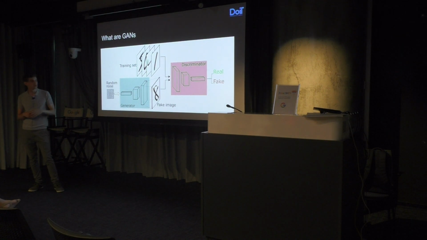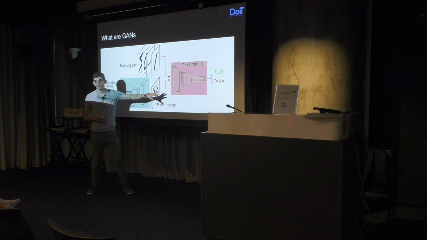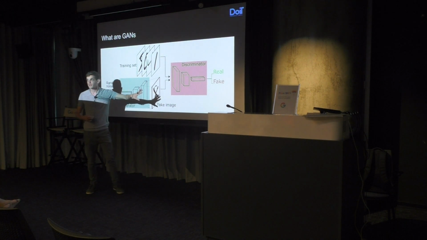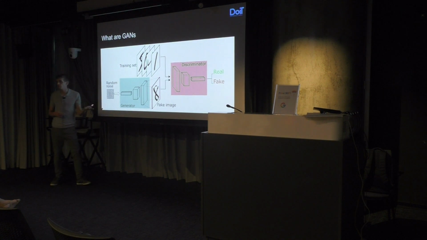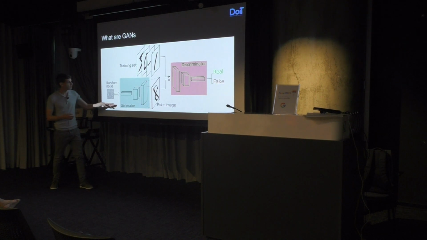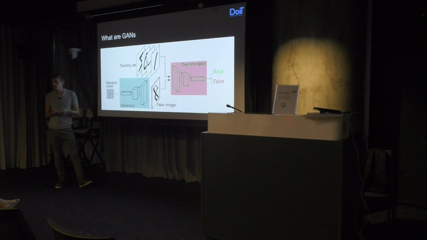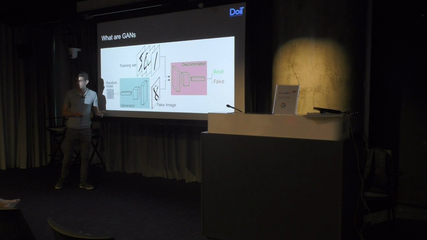Yeah. What I was trying to say was that if I have a very good discriminator, then this is one problem in training generative models or GANs: the generator would never be able to understand how it should change its parameters in order to generate better images.